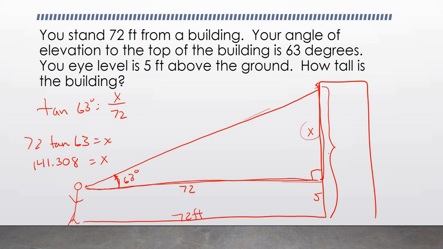So if this is 141.308 feet, and my line of vision is 5 feet from the ground, the building is 146.308 feet. So we've used our trigonometry, our side ratios, using the calculator and an angle of elevation to find the height of the building.